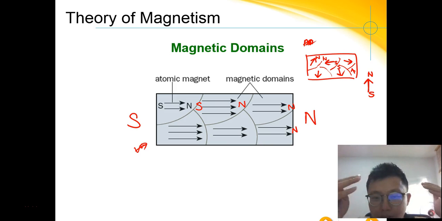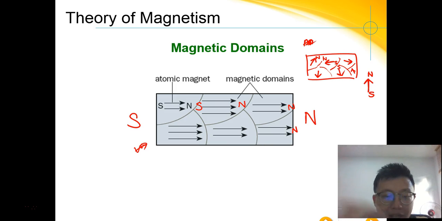The domains are not aligned. So because of that, there is no net magnetic effect, and because of that, the material is not magnetic. But if we somehow manage to align these domains in one single direction, then this material would become magnetic.